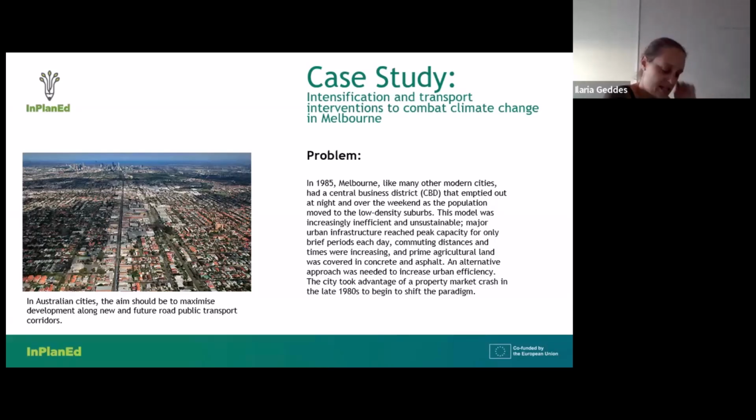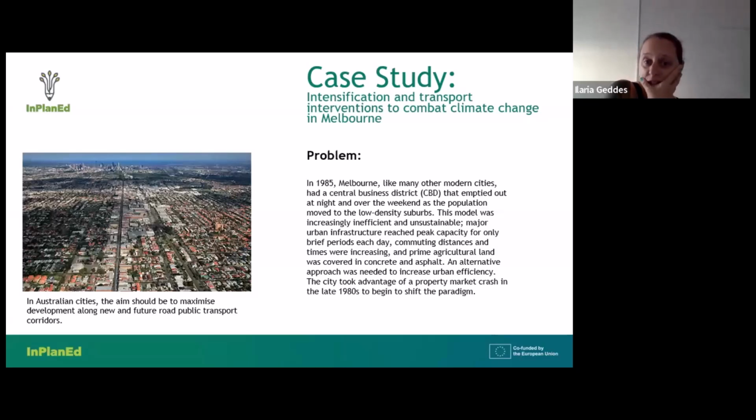And it was interesting because the idea for the intervention came from the state government, not because they had so much of an issue with the central business district in itself, but because the costs to provide infrastructure to the suburbs were skyrocketing. And then they realized that the reason why they had this really huge cost is that most of the city center was completely unused.